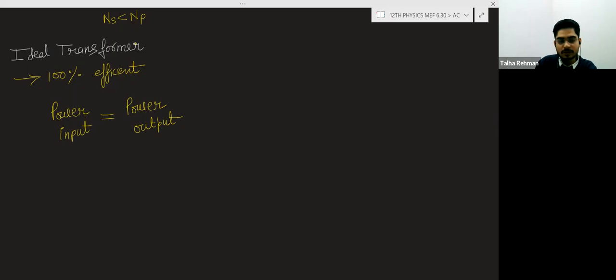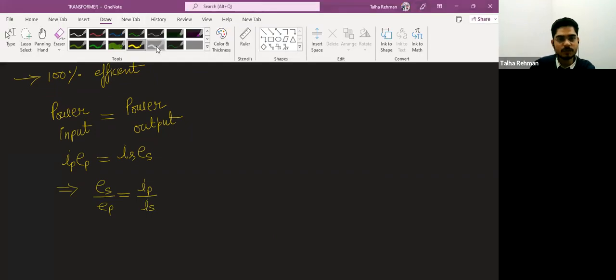Power input means current into voltage. Suppose IP is the current in the primary winding and the voltage is EP. Similarly IS is the current in the secondary winding and ES the voltage in the secondary winding. So from here you can say that ES by EP is equal to IP by IS. This is another relation.